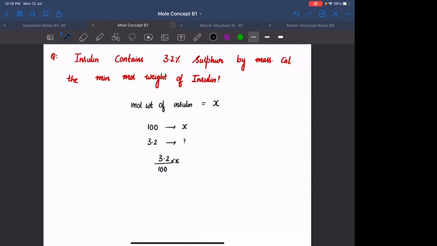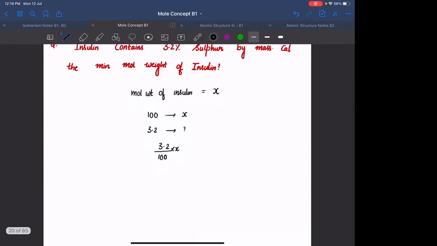Agreed? Can I say the molecular weight of insulin will keep on increasing if the number of atoms of sulfur increase? जितना ज्यादा एटम्स रहेंगे सल्फर उस इंसुलिन के अंदर उतना ही ज्यादा होगा उसका मॉलिक्यूलर वेट. In order to have least molecular weight, what should be the number of atoms of sulfur? 1.